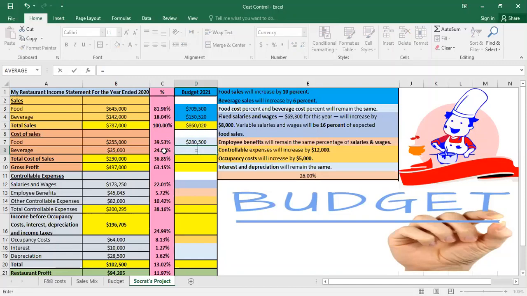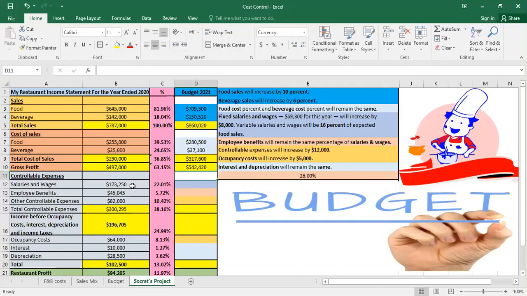We're having the same percent, and we multiply it by the new beverage sales figure. The total here, we have to do the sum. It's not the percentage because we're having different weights, so we have to do the sum. Then we're having the gross profit. It's the total sales minus the total cost of sales.